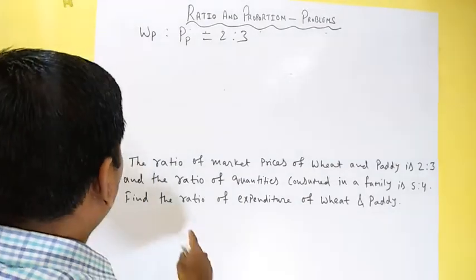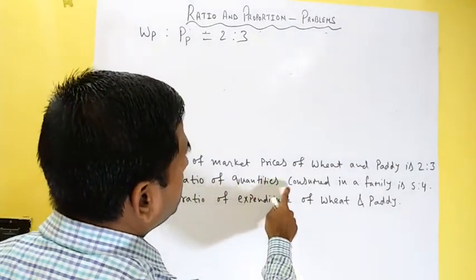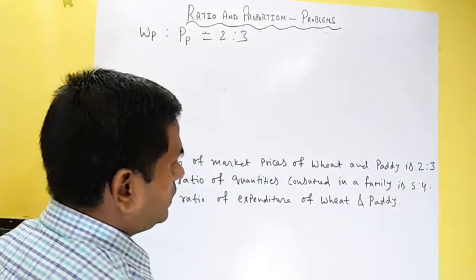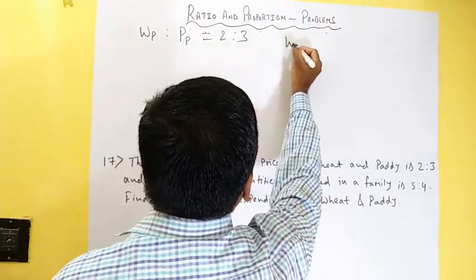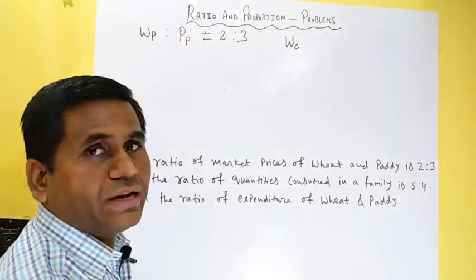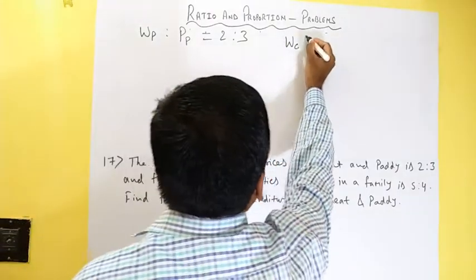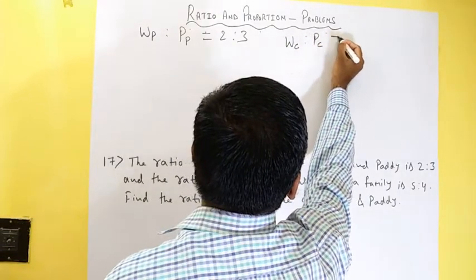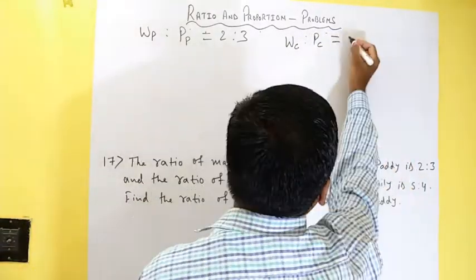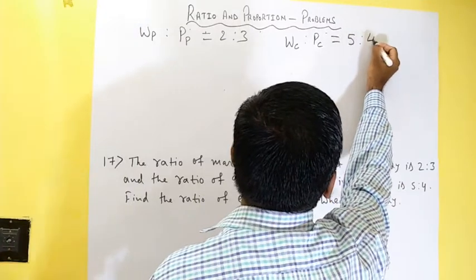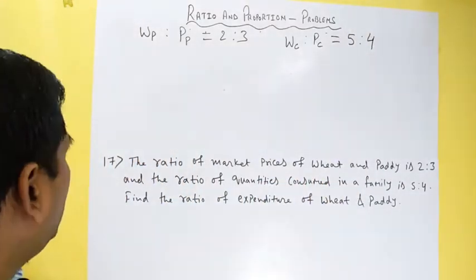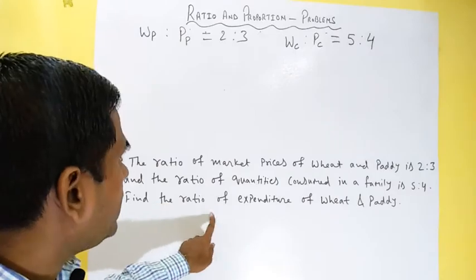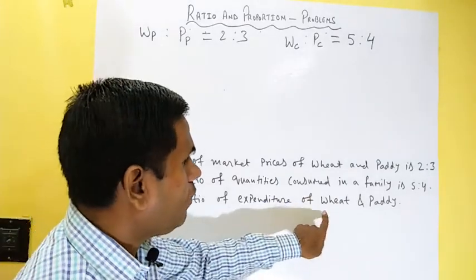Now what is given? The ratio of quantities consumed in a family. So wheat consumed WC is to paddy consumed in a family is 5:4. These two ratios are given, and it is asking you to find the ratio of expenditure of wheat and paddy.